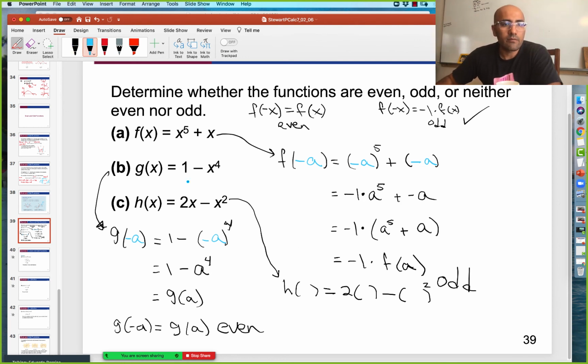So again, we're going to replace the input variable x with a negative a, and we end up with negative 2a minus a squared.